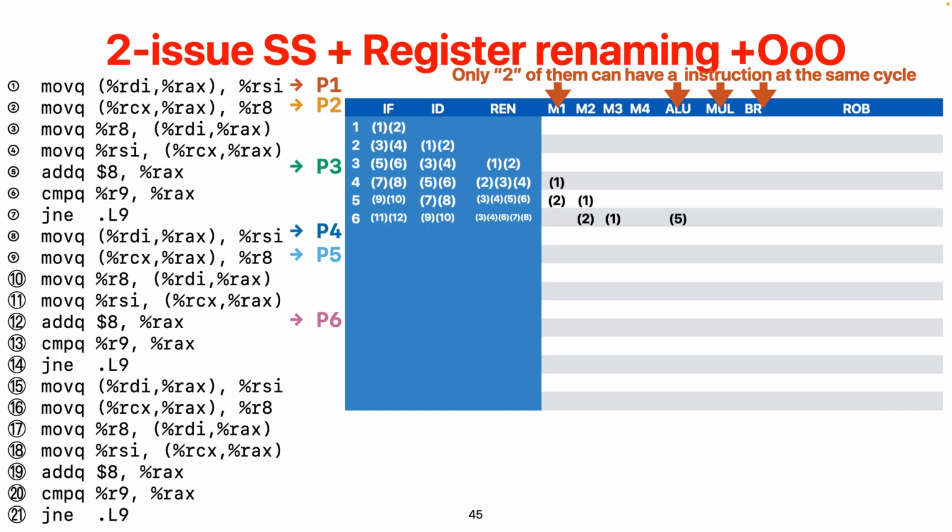Why 8? 8 depends on 5, and 5 has already completed. And 8 is a memory instruction, and no one is going to use memory and no one is going to use M1 in the next cycle, right? So 8 and 6. All right, see, we are more aggressive now, right?